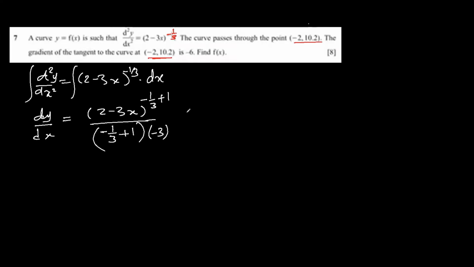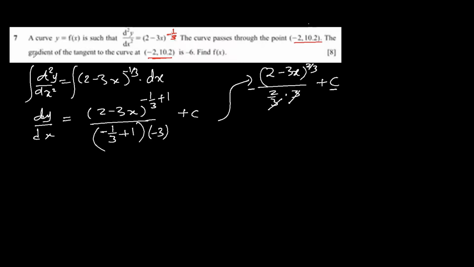All right, let's simplify this by writing c here. (2 minus 3x) to the power minus 1/3 plus 1 will be 2/3, over 2/3 times minus 3. Let's put minus here. So 3 and 3 cancel, and this becomes our dy over dx. Before we proceed, because we want to find the equation of the curve, we have to evaluate this c.